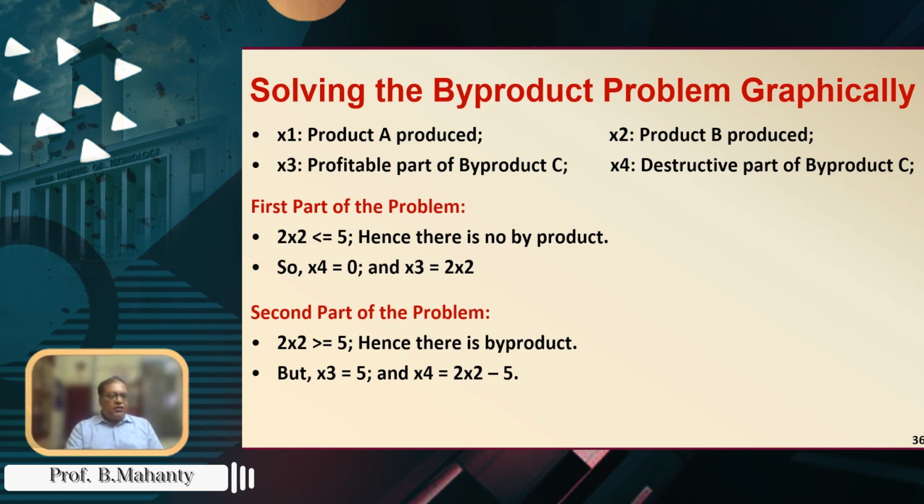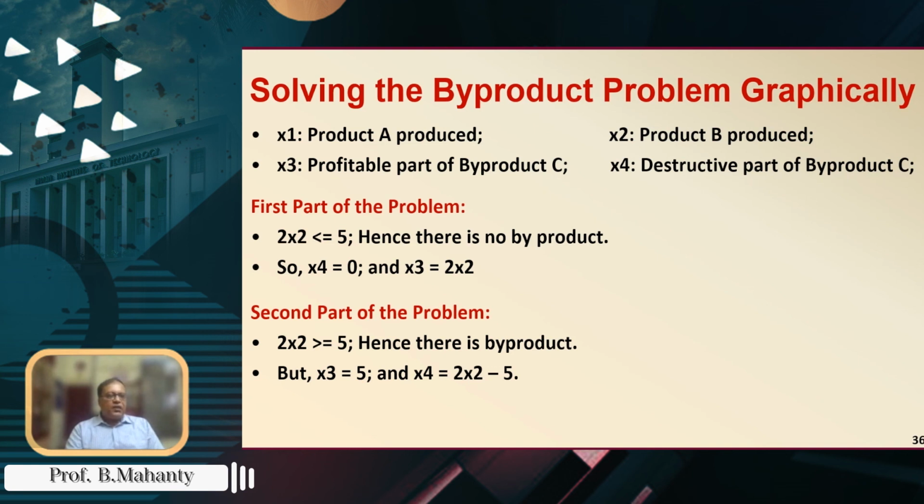And in the second part, when 2x2 is greater than or equal to 5, there is a destructive part of the byproduct also. But x3 equals 5, because 2x2 is greater than or equal to 5. So x3 is exactly equal to 5, and x4 would then be 2x2 minus 5. So we have been able to divide the problem into two parts, and in each part there are only two variables.